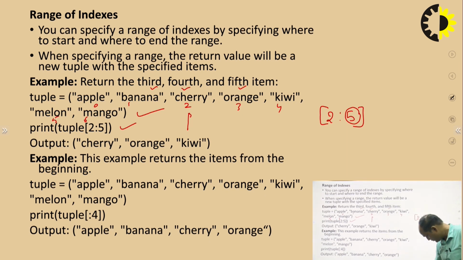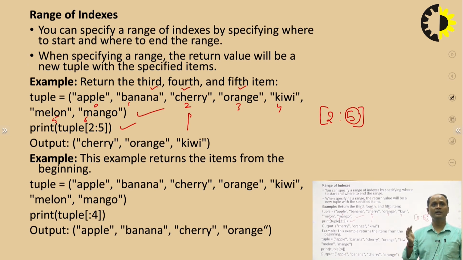Because in the range we only go up to the value before the last index. Suppose we have passed 5, so it prints only up to 4. That means if I put the range 2 to 5, it will print the second item, third item and fourth item.